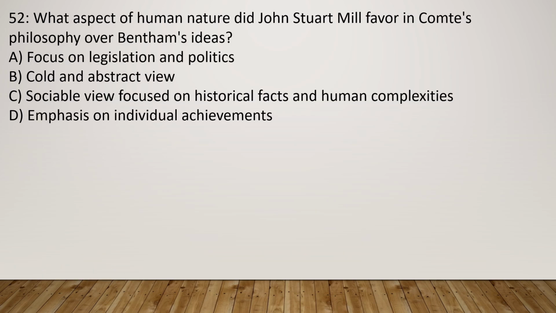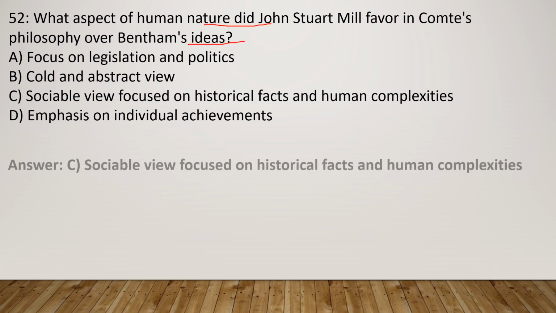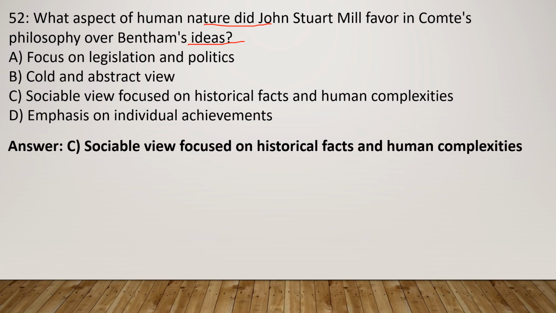What aspect of human nature did John Stuart Mill favor in Comte's philosophy over Bentham's ideas? Sociable view, focused on historical facts and human complexities.